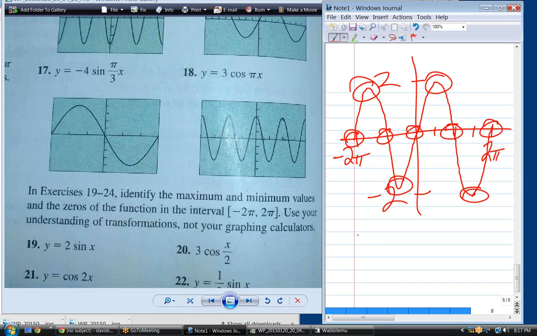What are those points? First one's minus 2 pi. What's this one here? Pi. And the next one? 0. Pi. And those are your 5 zeros.